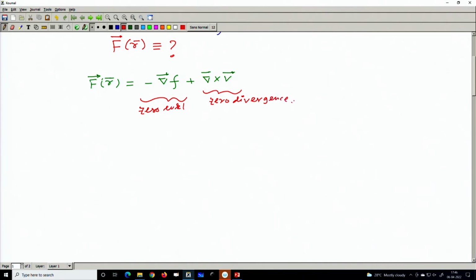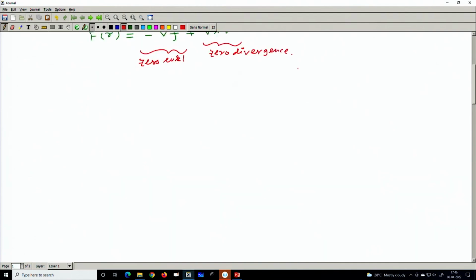So, I am decomposing a given vector field into two parts. One is having a 0 curl and another component is having 0 divergence. This is the way in general you can divide any given vector field. I am going to use this.